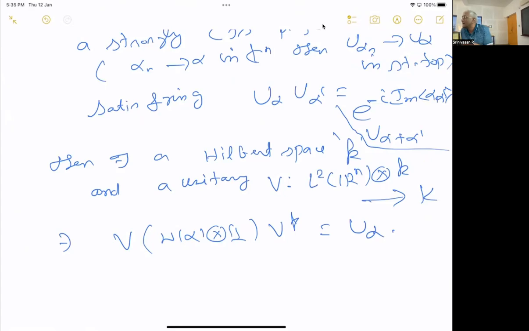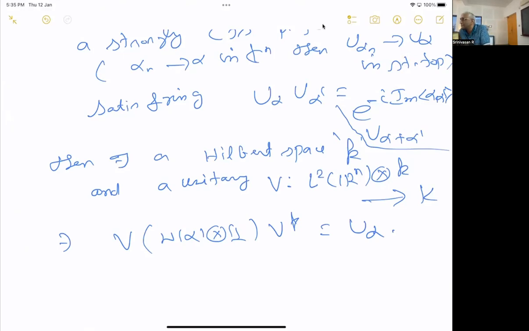In this one, why are we taking the maps to some bounded operators on any Hilbert space? Wouldn't it make sense to take bounded operators on some Fock space? No, you haven't understood the point of the theorem. The theorem says if you have some abstract Hilbert space and some abstract representation, alpha going to u alpha, then it is unitarily equivalent to this.